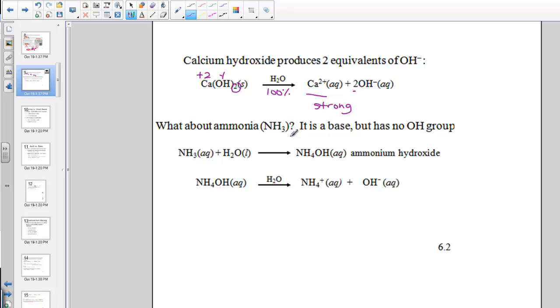What about ammonia, NH3? Ammonia is a base through and through. It turns litmus paper blue. It feels slippery. It is bitter to the taste. It's a great cleansing agent. It does everything a base is supposed to do, but it has no OH group at the end. Well, we can explain that with a little bit of chemistry.